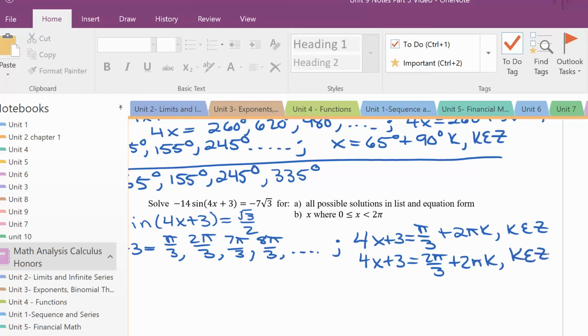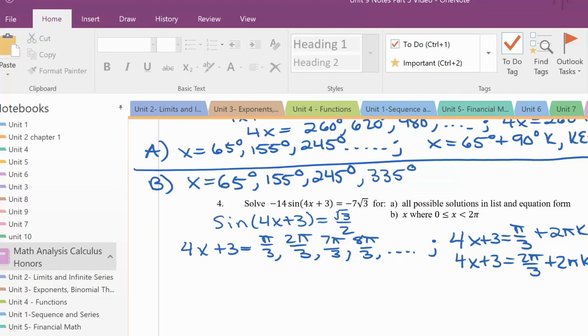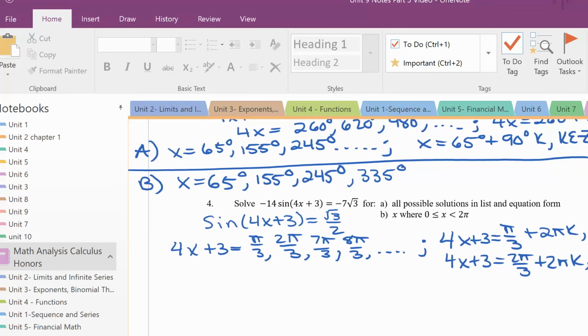So now we simplify the equation here. If you subtract 3, I'll just do an example, pi over 3 minus 3. If you get a common denominator, that's pi over 3 minus 9 over 3. So it's pi minus 9 over 3.